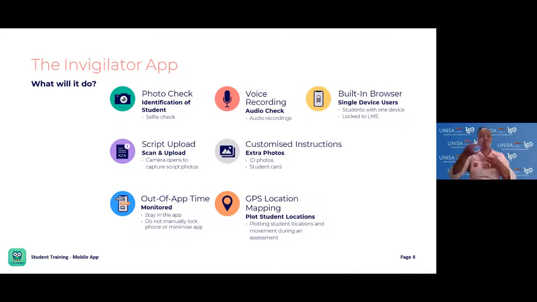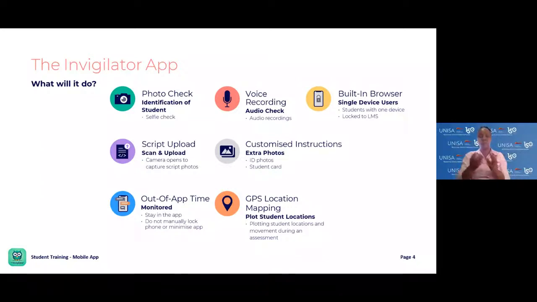So that 10 minutes is very important. Once you've taken the photos of your script, you then have 48 hours to upload all of the information that we collected. Now, if you have an internet connection at the end of your assessment, the upload is going to take place automatically. If you don't have an internet connection, you need to come back within 48 hours and make sure that you complete the upload.